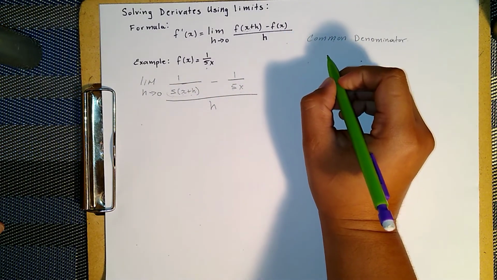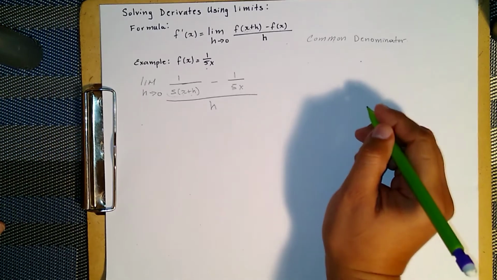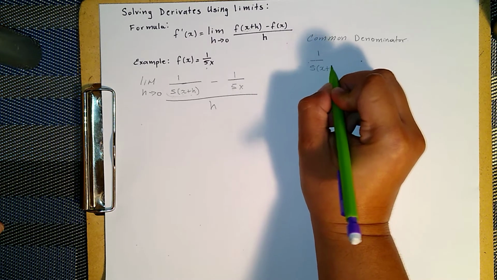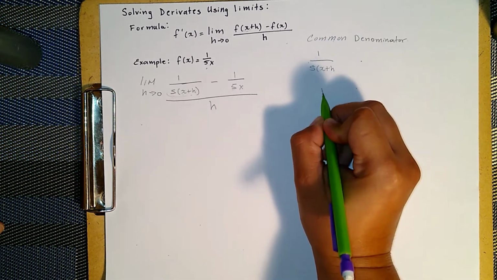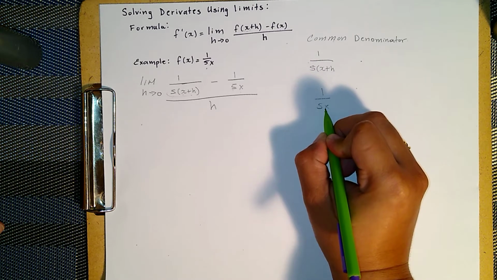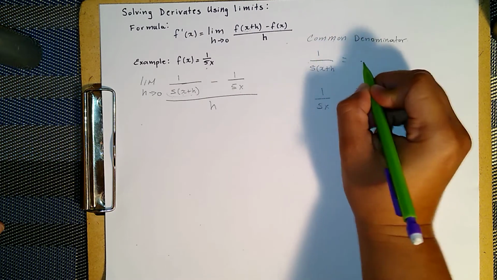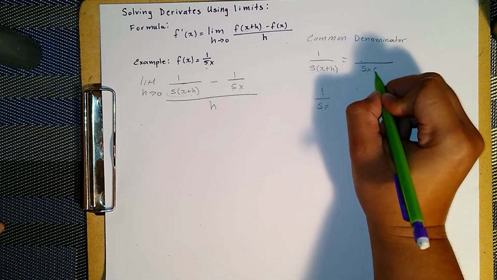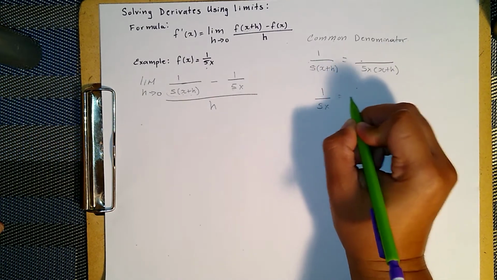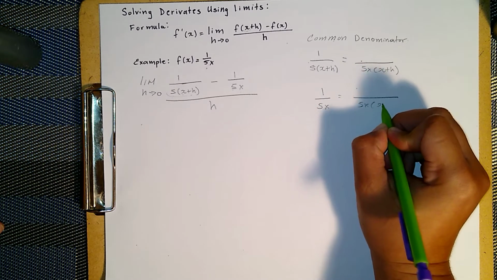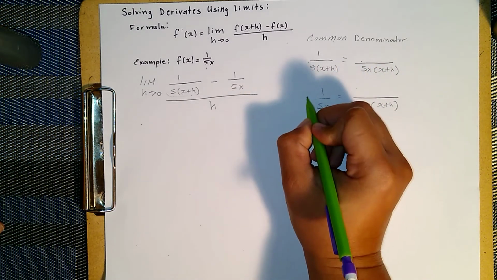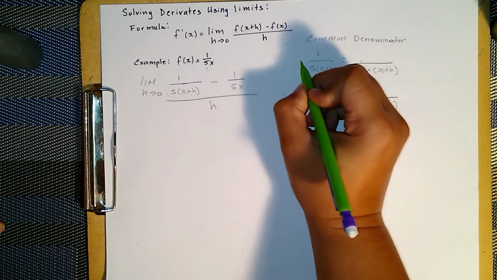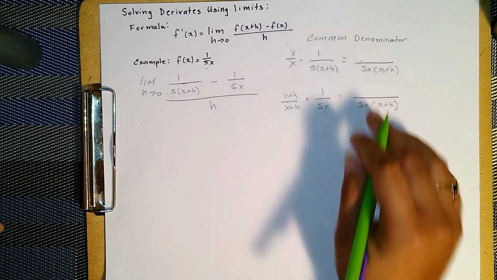So I like to work on the side so I don't get mixed up here, and put 1 over 5x plus h, and then I put 1 over 5x. Then I write the common denominator 5x, x plus h. Here we're multiplying by x plus h over x plus h, and here we're multiplying by x.